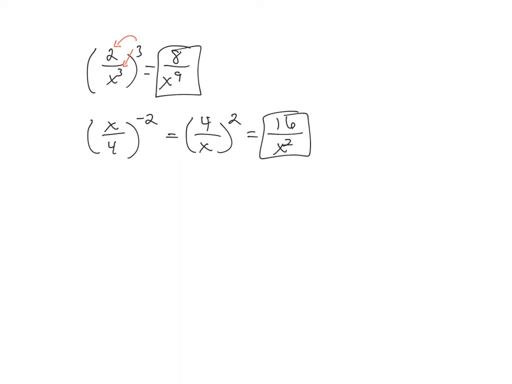Okay, so there's a couple of them that have a negative exponent. I would just flip it right away. Oh, I noticed there's one like this. This is kind of going back to the previous screen, but if we had 2x to the third power, and then what if we had negative 3 like that?